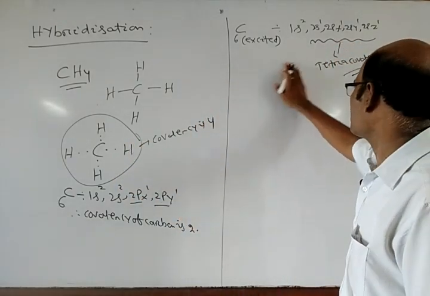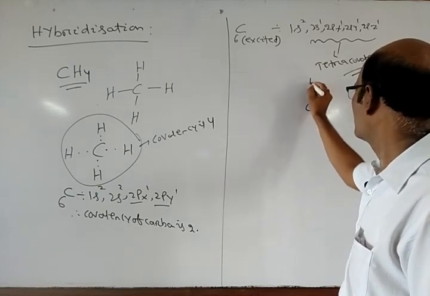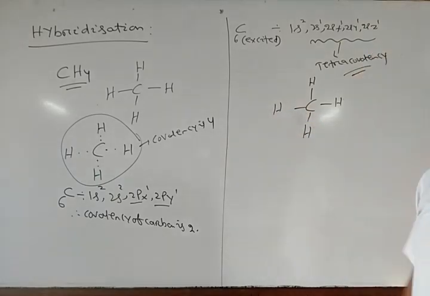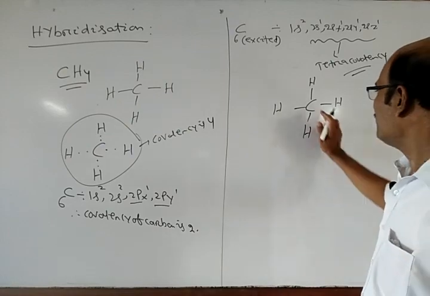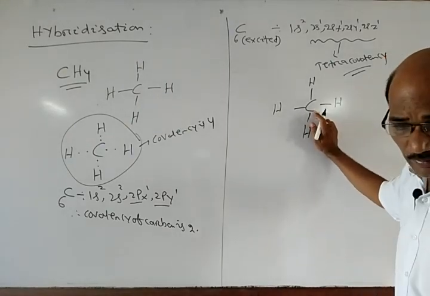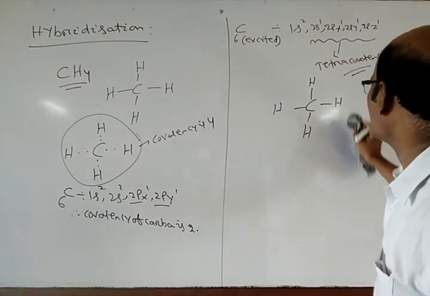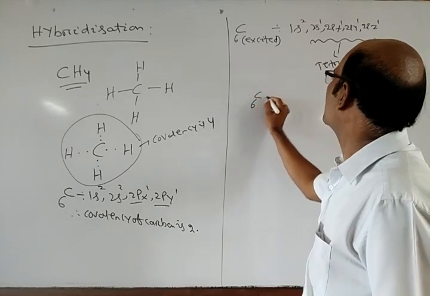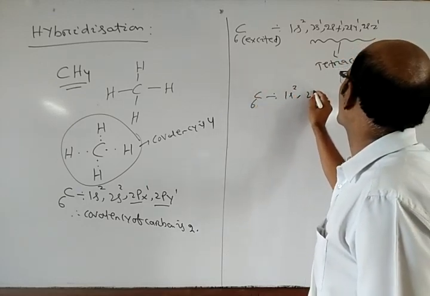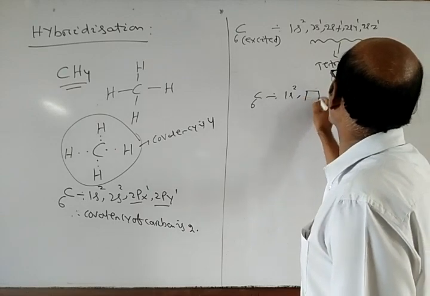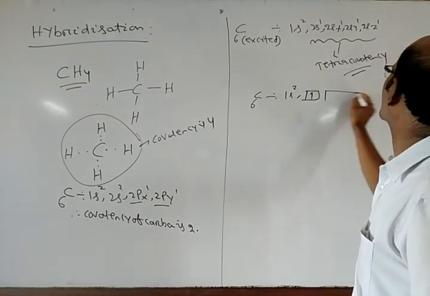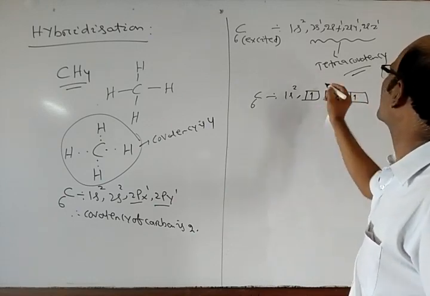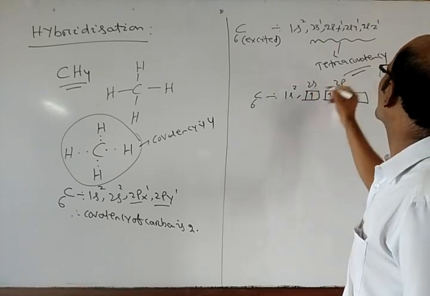From this, C with H, H, H, H. But here, carbon 6 is 1s2 2s2, 2px1 2py1 2pz1.